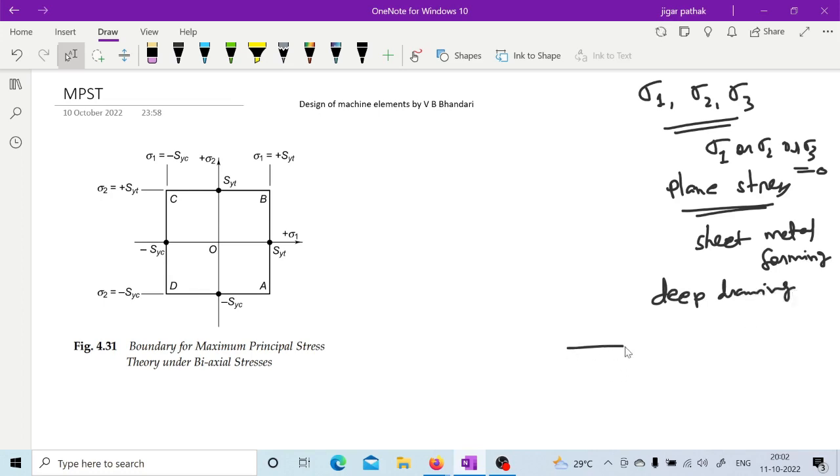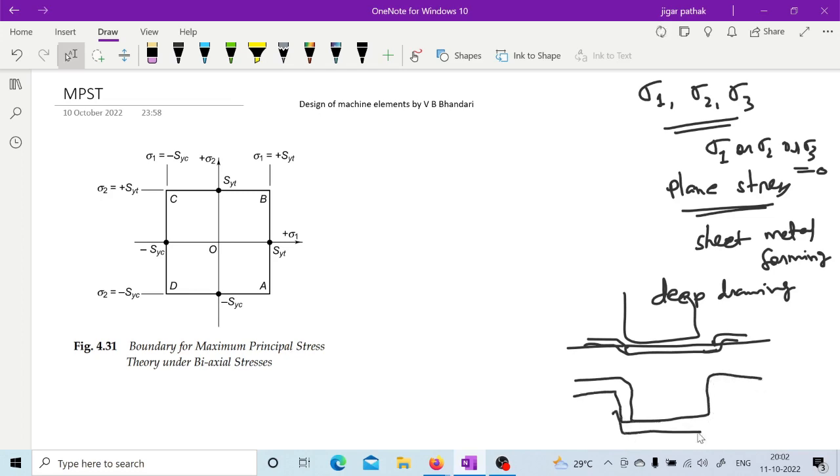Whenever you have a punch and a sheet which is going to be deformed, in this region the thickness of the sheet will remain almost the same. It is not going to change because this is a plane stress region where stress is not acting along the third direction. Are you getting what I am saying?